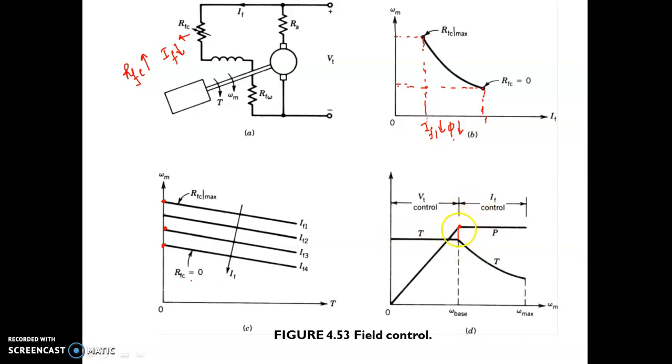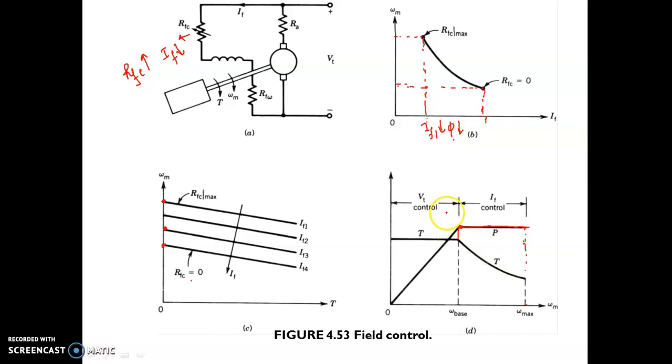After that, when we apply field control, torque decreases and power is kept constant. Here the power value is kept constant for field control. This is the base speed. If we want to go above the base speed, we go to higher speed, up to the maximum speed we can get here. This portion is called the field control method.